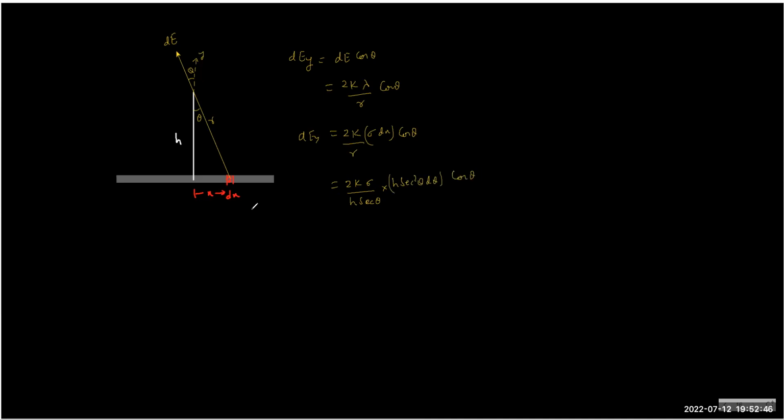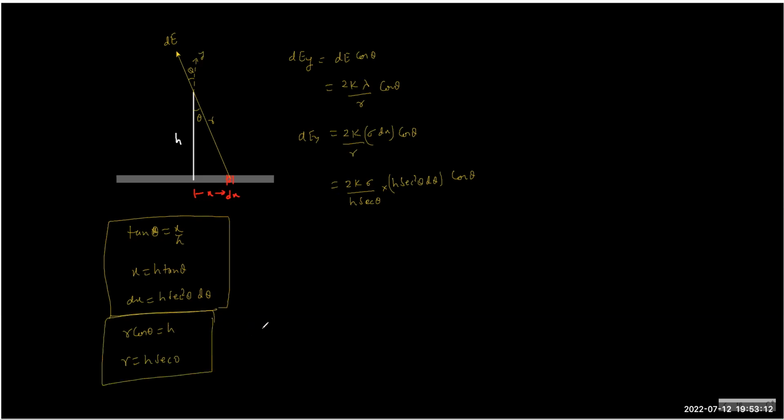And that's very much obvious. We have done this before. So tan theta is x upon h, so x is h tan theta. So dx will be h sec square theta d theta, and r cos theta is h itself, so r is h sec theta.